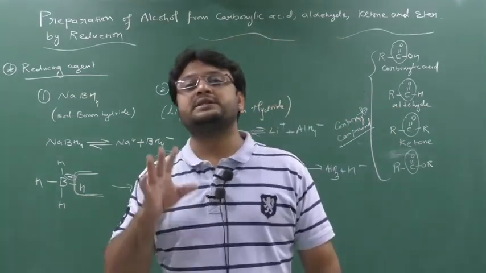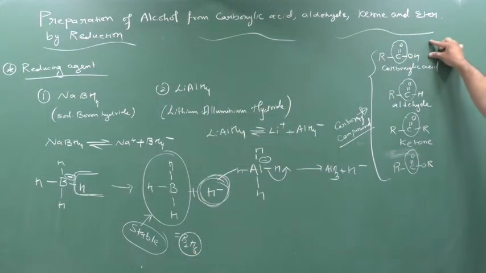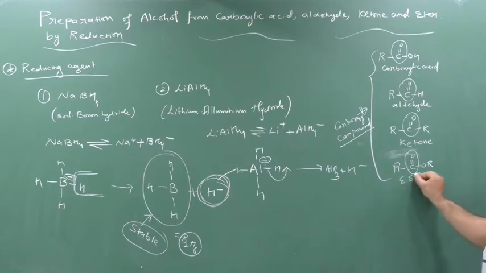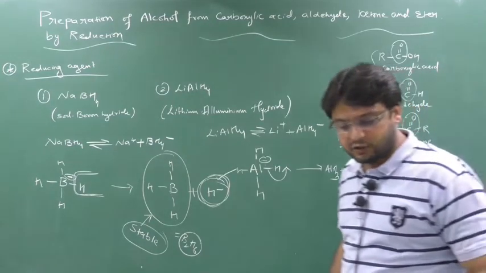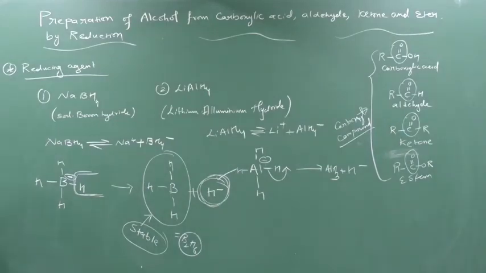The mechanism is the same for all the compounds, whether you do the mechanism for carboxylic acid, aldehyde, ketone, or ester. All the mechanisms for any compound are the same. You have to follow the same steps, nothing else differs. If I do the mechanism for ketone, that same mechanism will be followed by the rest of the three. Clear this part? So the mechanism remains the same. But first I will do the general reaction to get the answer.